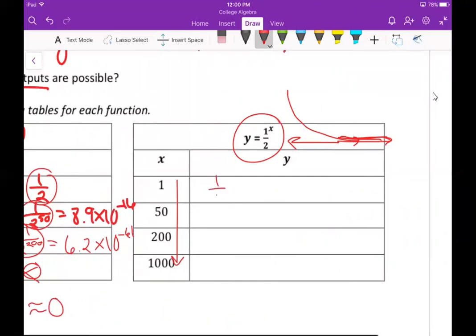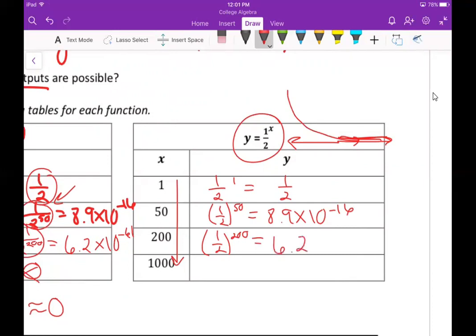In fact, we're finding the exact same numbers we did before, right? Because 2 to the negative 1 is the same thing as 1/2 to the first power. It's just 1/2. And 1/2 to the 50th power is the same thing as 1 over 2 to the 50th power. This is the same thing as 8.9 times 10 to the negative 16. 1/2 to the 200th power is just 1 over 2 to the 200th power.